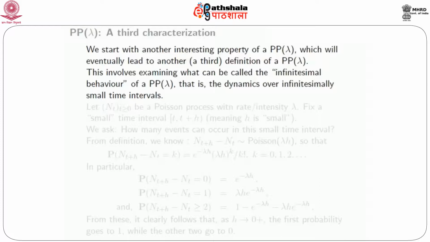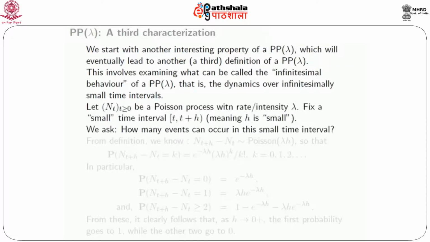So we start with another interesting property of Poisson process with rate lambda, which will, as I said, eventually lead to a third definition of a PP lambda.